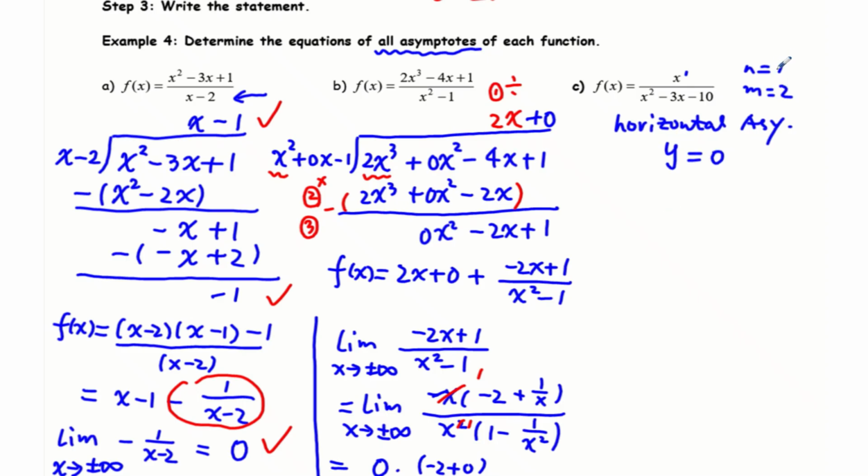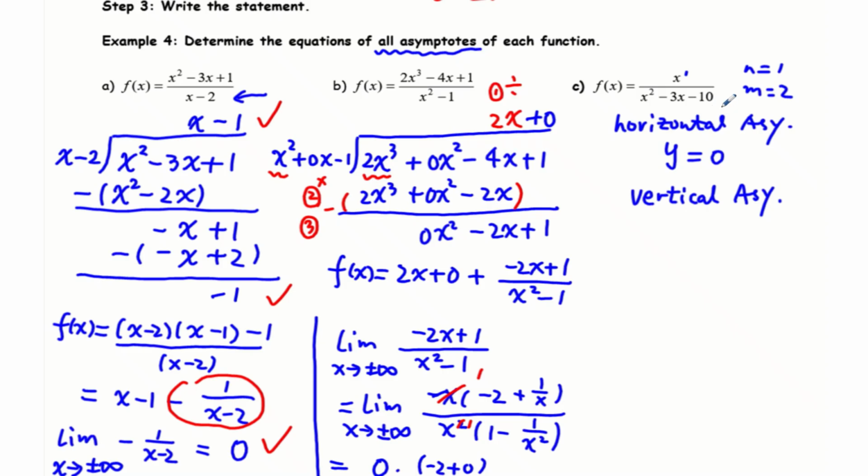When these two degrees are the same, it will be the number at front. So if less than, it's just y equals 0. It's done. Then we need to find the vertical asymptote. If we have a horizontal asymptote, we don't have an oblique asymptote.